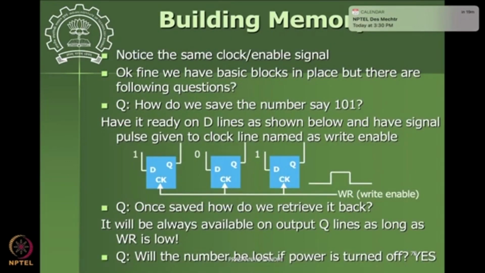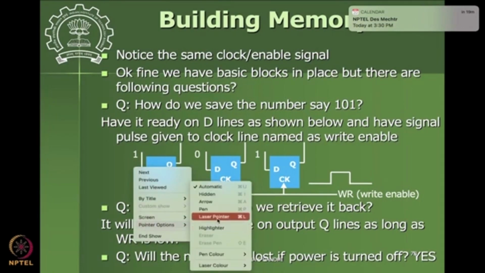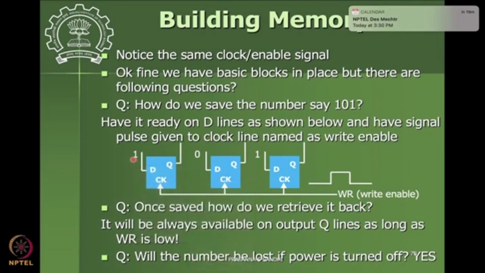We have this basic building block in place, but the question is, if you want to save the number 101, how do we save that? That number should be available as high voltage, low voltage, and high voltage again on these 3 pins: for the first flip-flop 1, second flip-flop 0, and third D flip-flop 1.